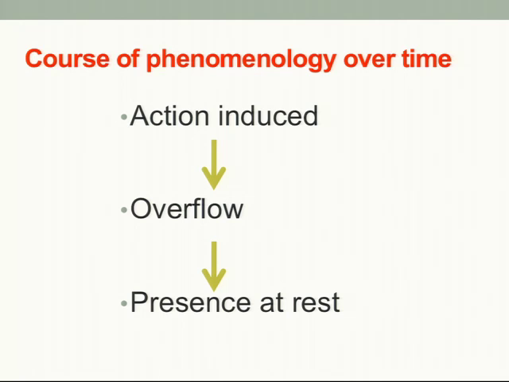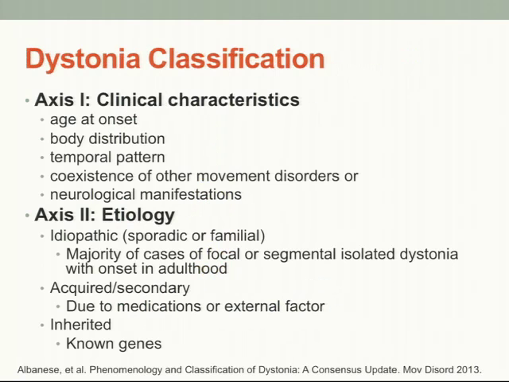You're trying to do activities in unaffected body parts that bring on the dystonia, even when the affected limb isn't moving. And then finally, after many years, dystonia can be present at rest, and that might be the case for corticobasal syndrome, for instance, where you see that very commonly.